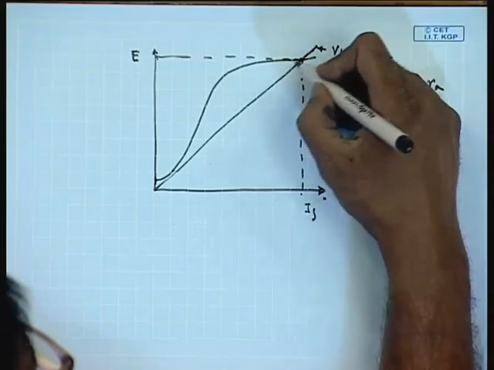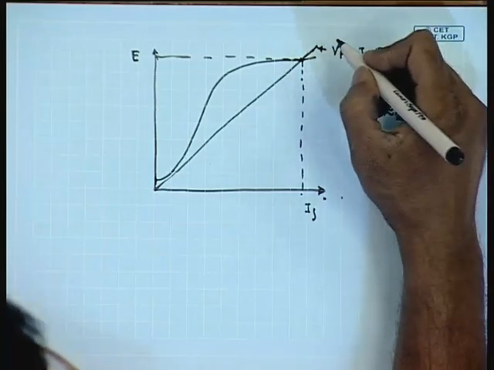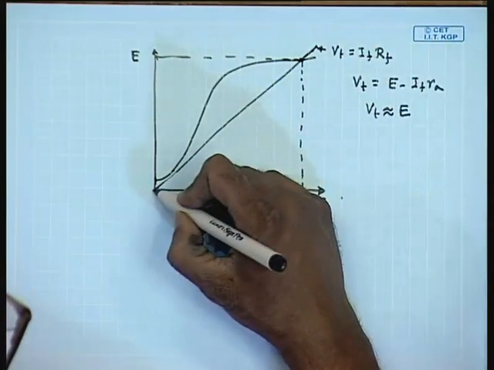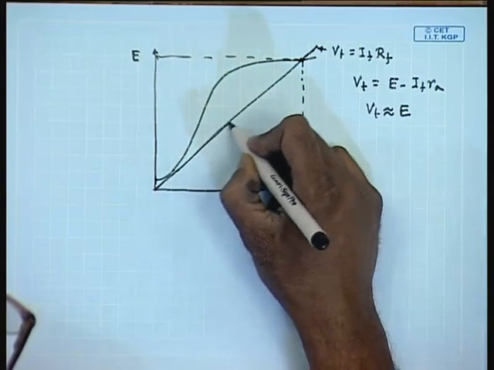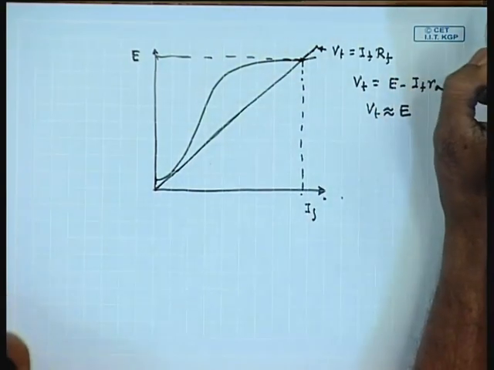Clearly, the voltage at which the DC machine will excite will depend not only on the OCC, but also on the field load line.